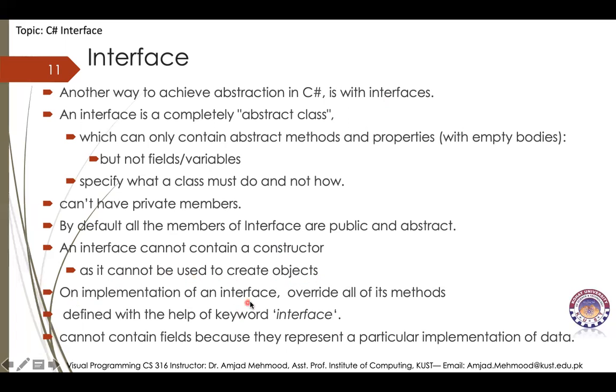On implementation of an interface, you must override all its methods, defined with the help of the keyword interface. Similarly, as in an abstract class, the class which derives from its parent, if the parent class is abstract, the child class will have to provide the definition of all the properties and methods which are abstract.